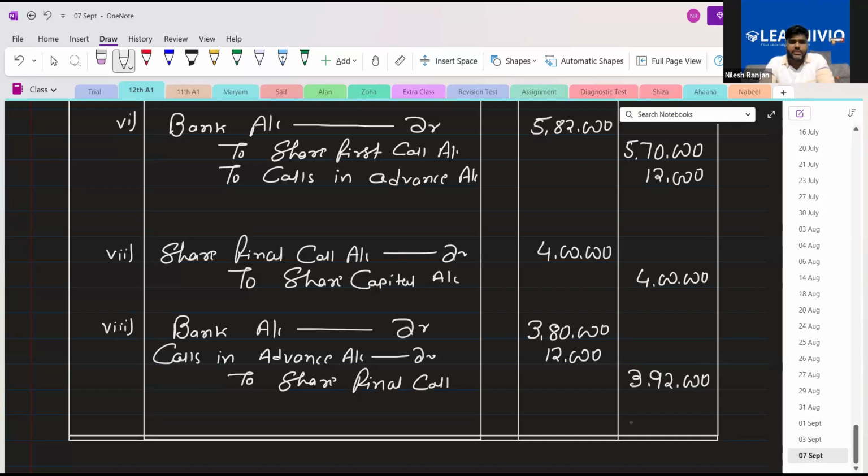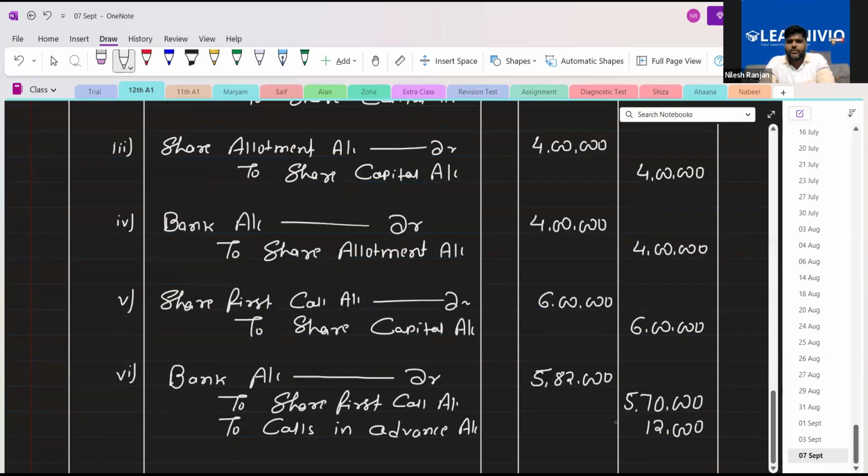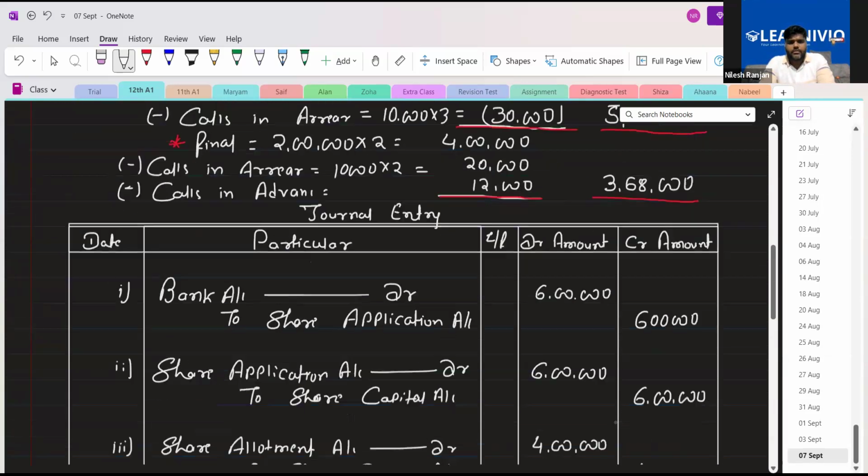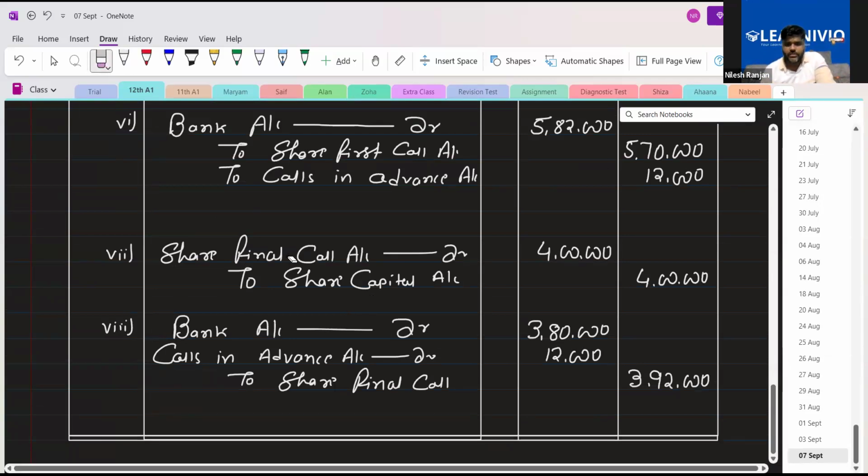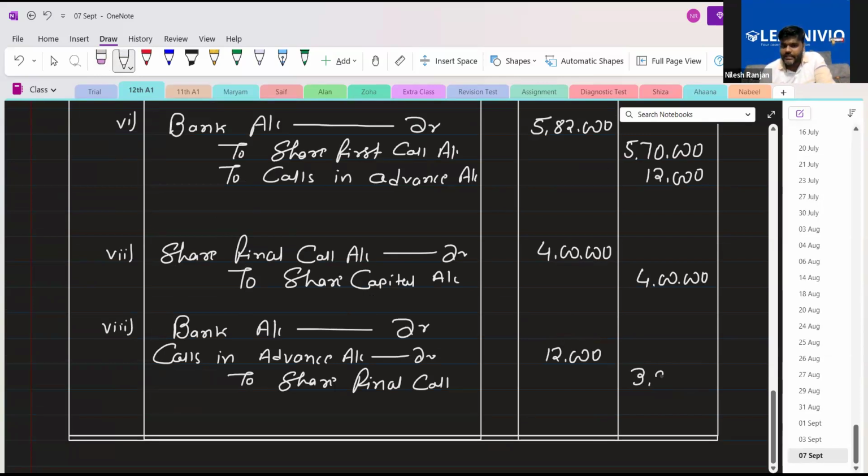There is some mistake here. Sorry, my mistake. We have 3,80,000 in total of 4 lakh.